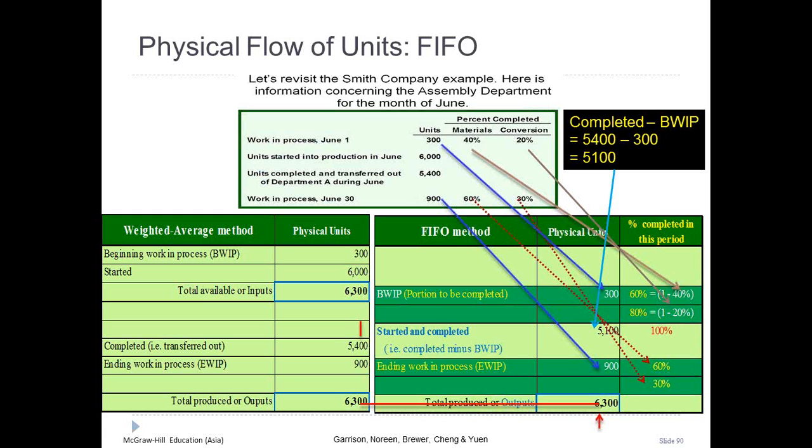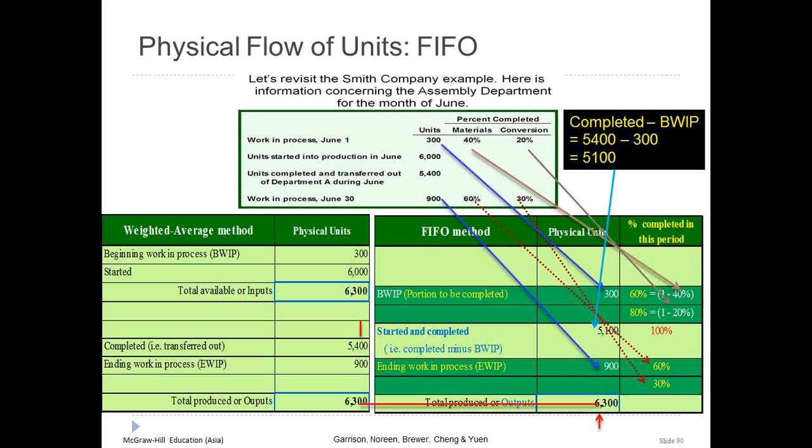It is important to note that in the FIFO method, the first item in the production process is the first one to complete. Therefore, the outputs are in the following sequence. First, finish all beginning work in process till they become finished goods, which are completed items.